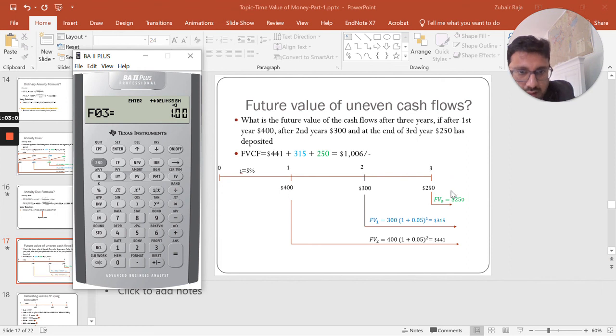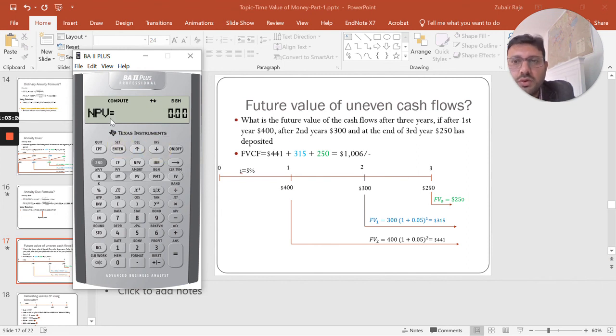Now what is my lump sum future value? All these uneven cash flows will grow if the bank is giving me 5%, meaning what the teller will tell you after you deposit 250. So you will go into this NPV button, and first is the interest rate. You need to feed in the 5% interest, right?